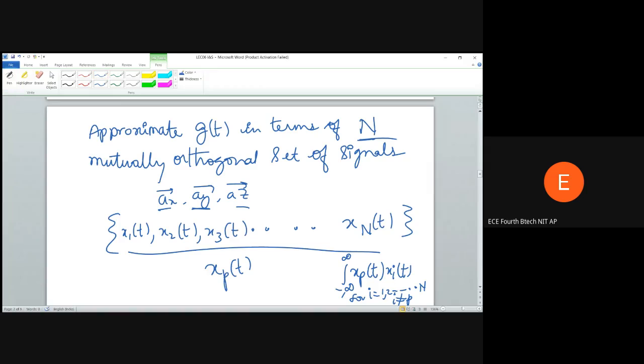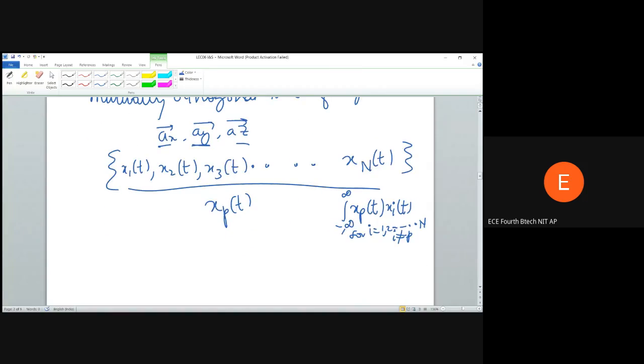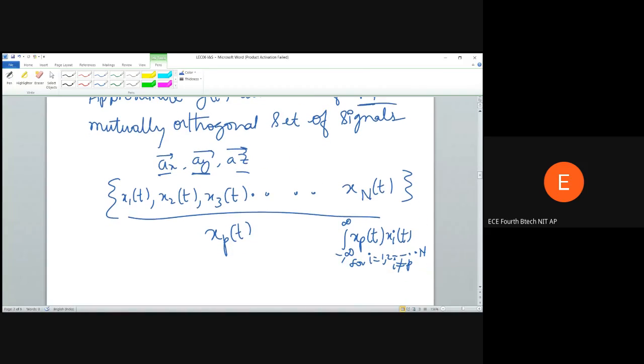In such cases you can say the signal set is a mutually orthogonal set. You find a signal in the set and get its correlation with all others, and check that all are orthogonal to xp of t.